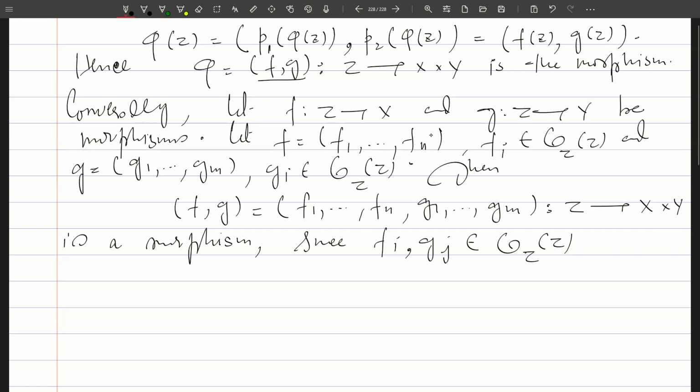Any morphism from Z to X cross Y is of this form. So this proves the universal property.